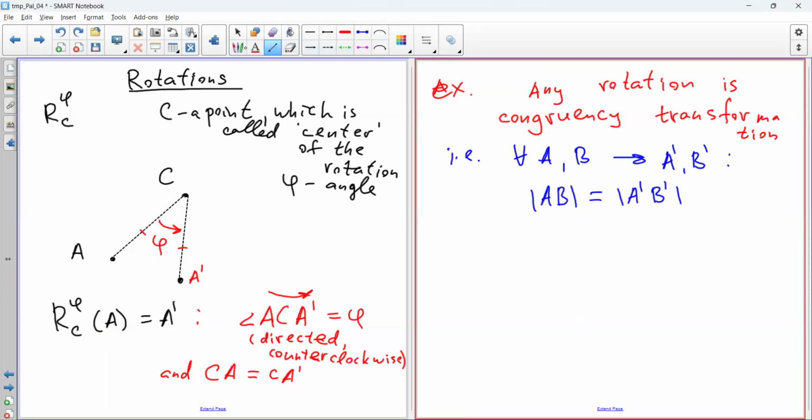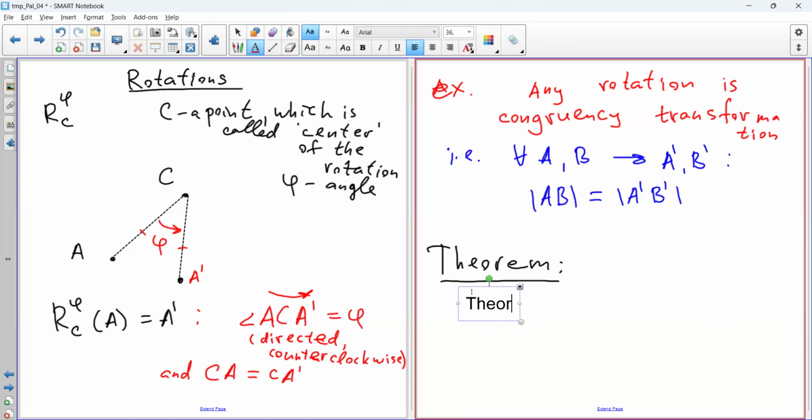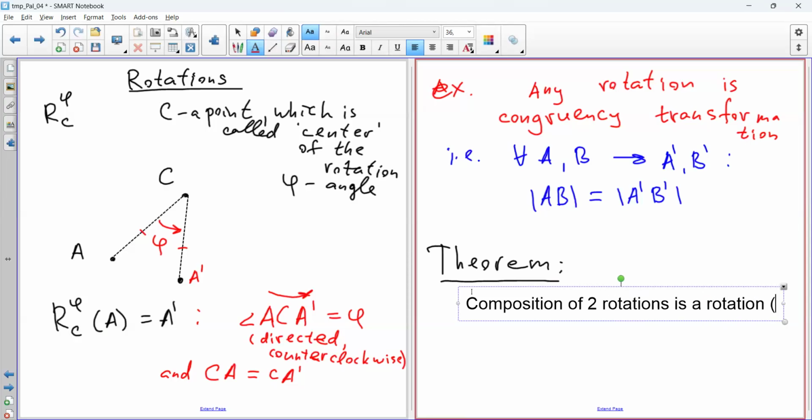And there would be a theorem that the composition of two rotations is a rotation, besides probably the case when phi1 plus phi2 equals 0.